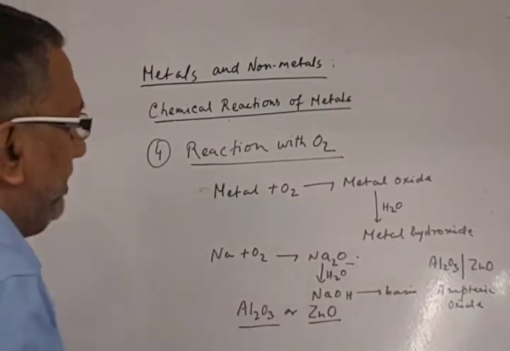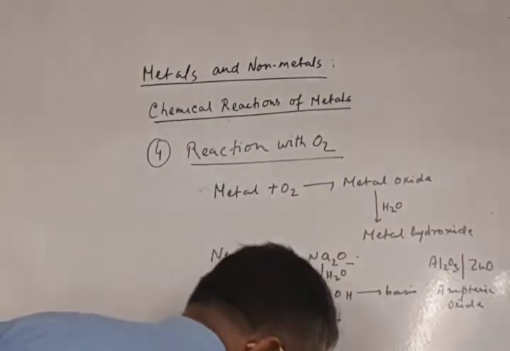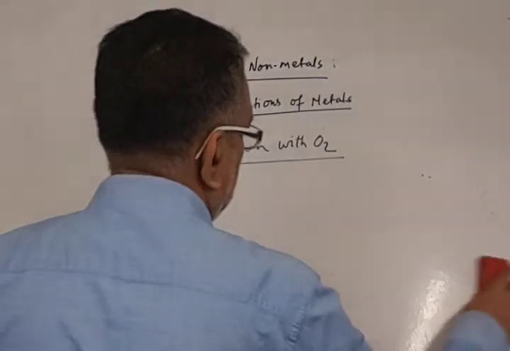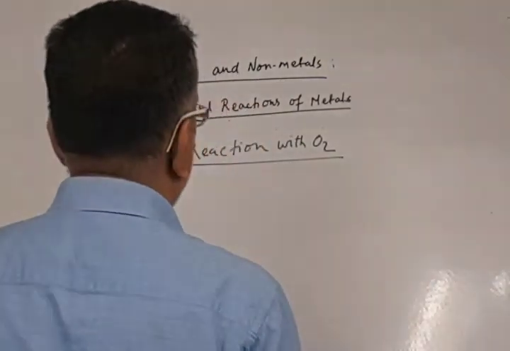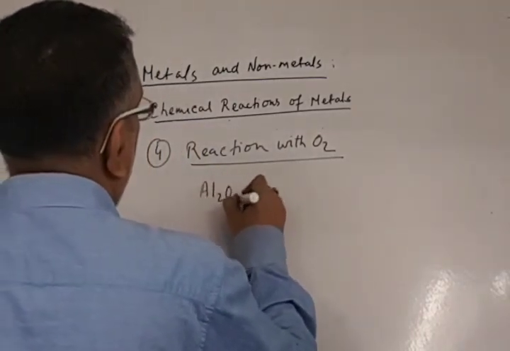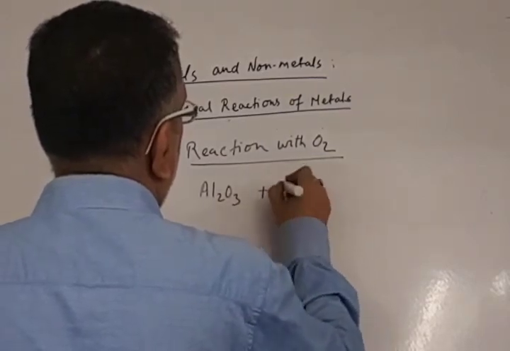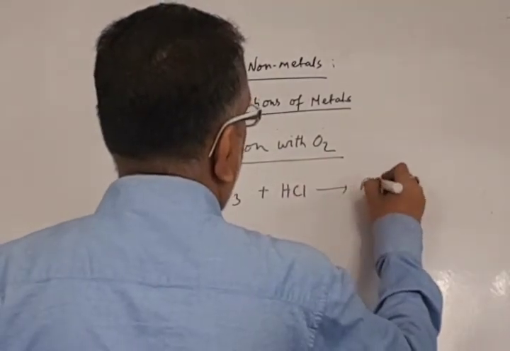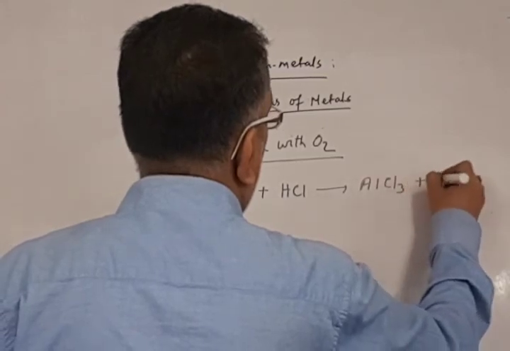Now if we see this aluminum oxide, Al2O3, it reacts with HCl, and this gives AlCl3 plus water.